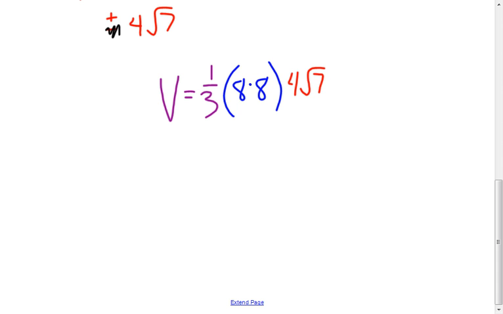So I'm going to look at the exact answer first. What I'm going to do is take 8 times 8, which is 64, and then I'm going to multiply it by the 4, and I'm going to end up with 264. And I have to multiply it by root 7, and I have to divide by 3 or multiply by 1/3. So right here would be the exact answer for the volume of that pyramid.